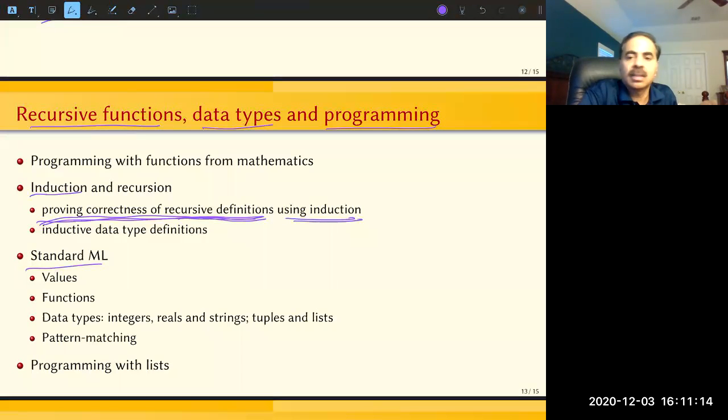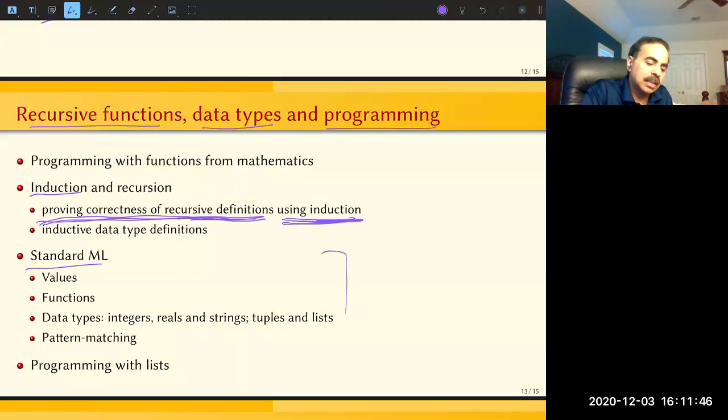And that's where induction comes in handy. The main reason why proof using induction is emphasized in computer science is because induction proofs come very naturally for recursive definitions, right? So anytime you have a recursive function, the proof is going to be based on induction. So if you understand induction, then you have some chance of proving your program correct, okay?